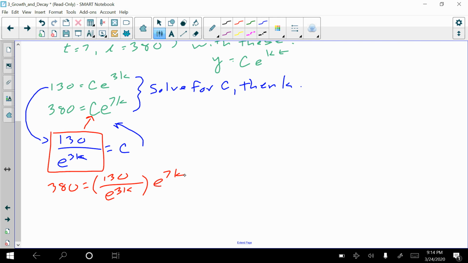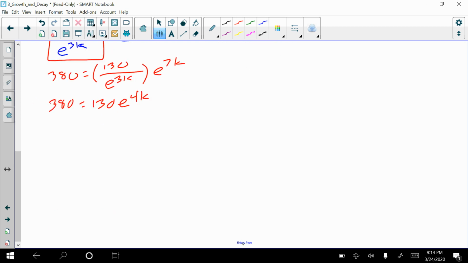Well, by the properties of exponents, with the 3 in the denominator and the 7 in the numerator, we can subtract those numbers from each other, and that will simplify to be 380 equals 130 times e to the 4k power.